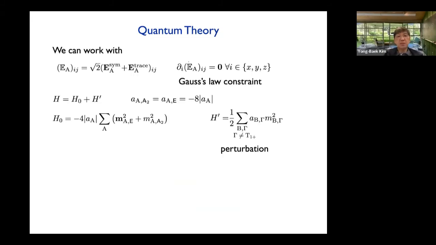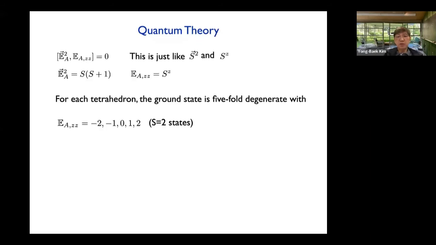Then when I talk of S=2, this is really the spin state on each tetrahedron. So I'm talking about the ground state on each tetrahedron. So we are talking about the 4 spins. And it turns out that for each tetrahedron, the ground state is S equal to 2 multiplet.